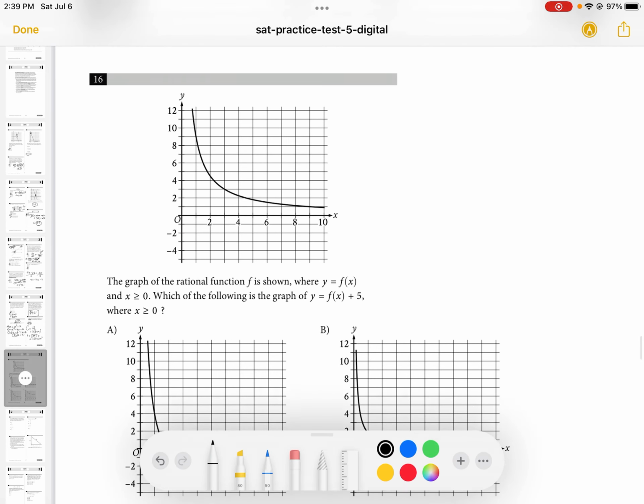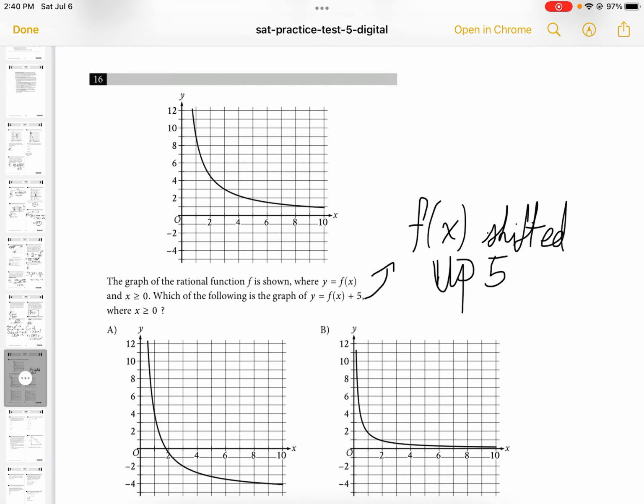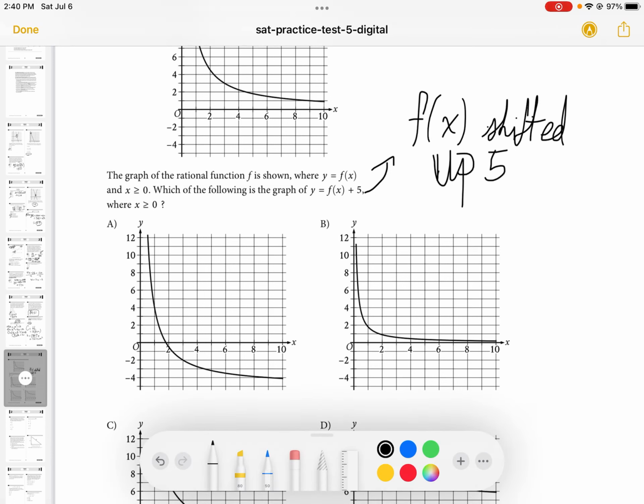So this means f of x was shifted up 5. Whenever we add a constant to the end of a function, we're translating it by that amount, up or down, depending on the sign. Here we're shifting it up 5. This looks like it's been shifted down 5, so it's not A.